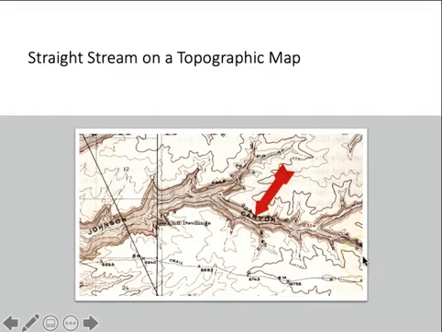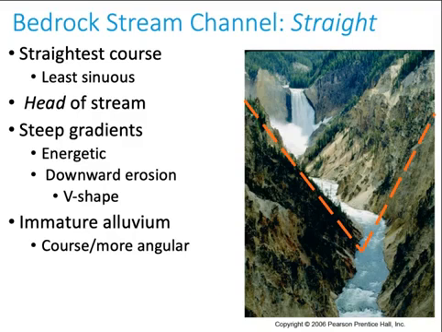On a topographic map, a straight stream will have a fairly straight path, and the contour lines reflect the steep-sided valley that contains the stream. The stream is at the very bottom here, with closely spaced contour lines on either side, representing the steep-sided valley that contains the stream at the bottom.